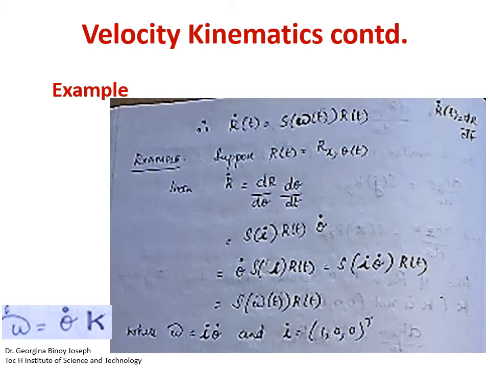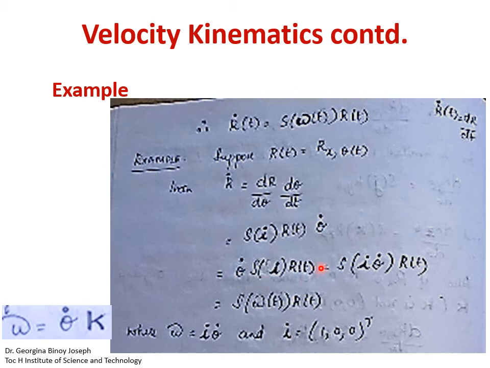So we know dR by d theta from the previous slide, and since this is around the x-axis, the x-axis vector is i. So dR by d theta can be written as S of i into R of t. This is from the previous slide result, and d theta by dt is theta dot.